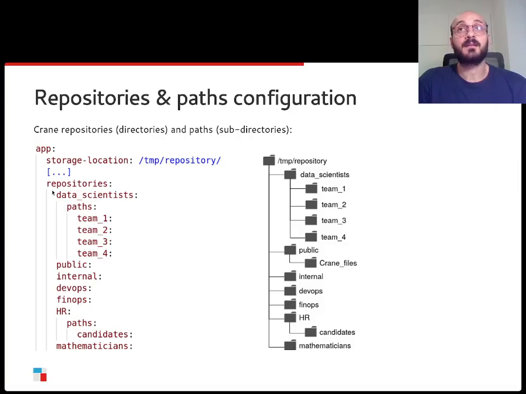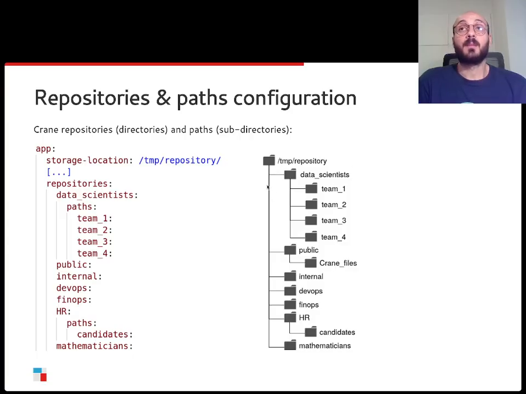And in this case, we define for all the folders that are found in this storage location, namely the data scientist folder, public folder, internal folder, DevOps, FinOps, HR, mathematicians folders. For some of these repositories, we also define the subfolders using the paths property, namely Team 1, Team 2, Team 3, and Team 4 subfolders for data scientist repository.